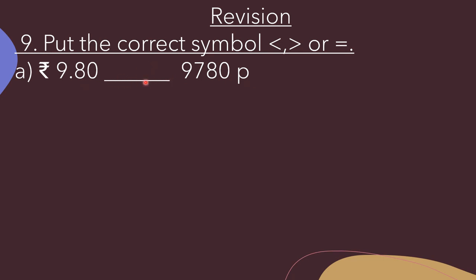So beta, whenever we want to compare anything, first of all, we have to make the units same. Here we have given rupees, and here we have given paise. So first of all, we will convert rupees into paise to make our units same. So rupees 9.80 is equal to 980 paise.